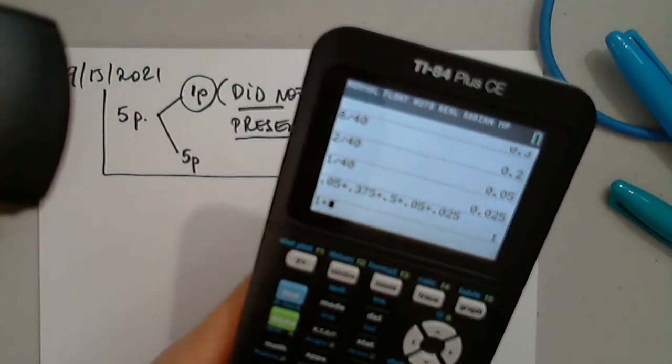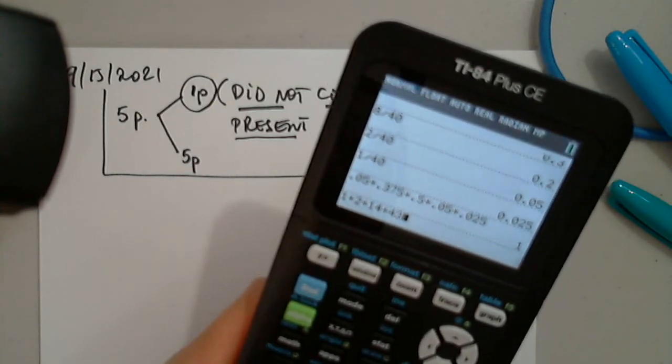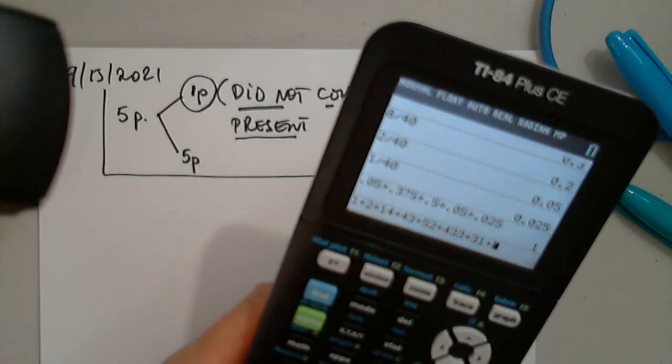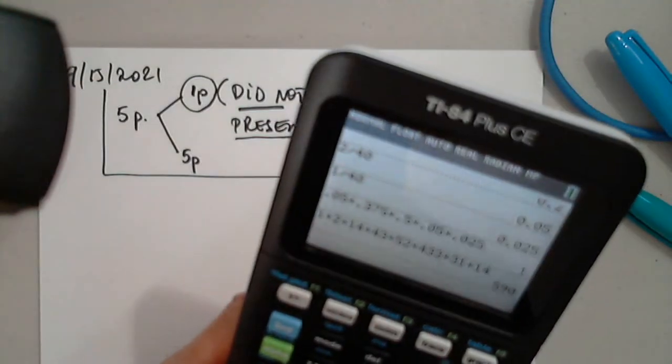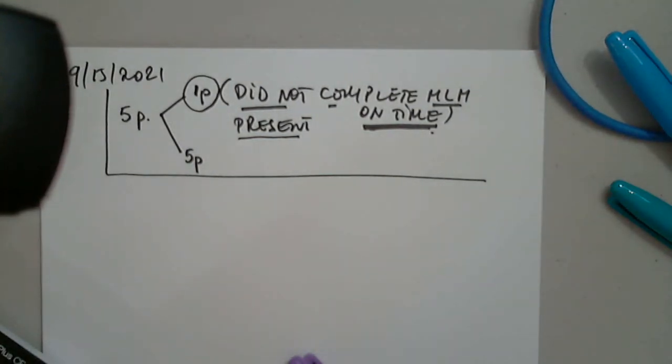So let's add them. 1 plus 2 plus 14. Tell me what you get. 200. Well done.